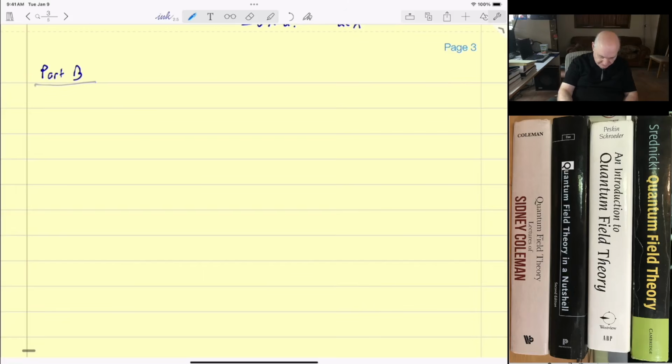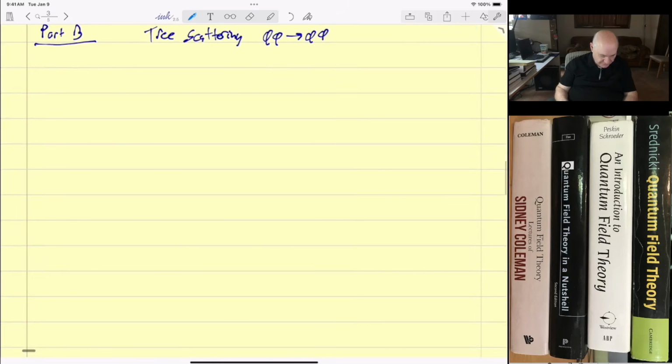Let's get the tree scattering amplitude. Phi goes to phi. So what we have is 4 external legs. First thing is to combine. When I first did this problem 17 years ago, I didn't combine the 4-point amplitude.